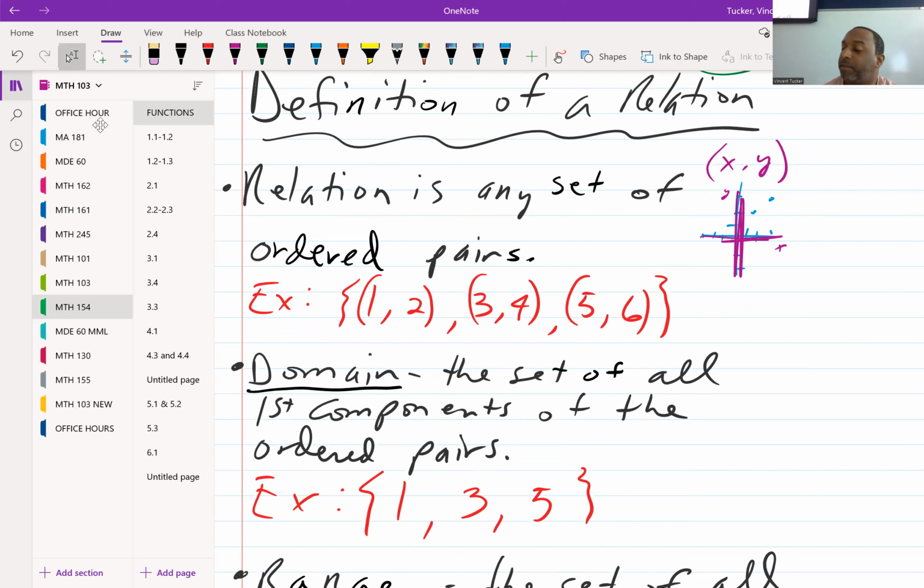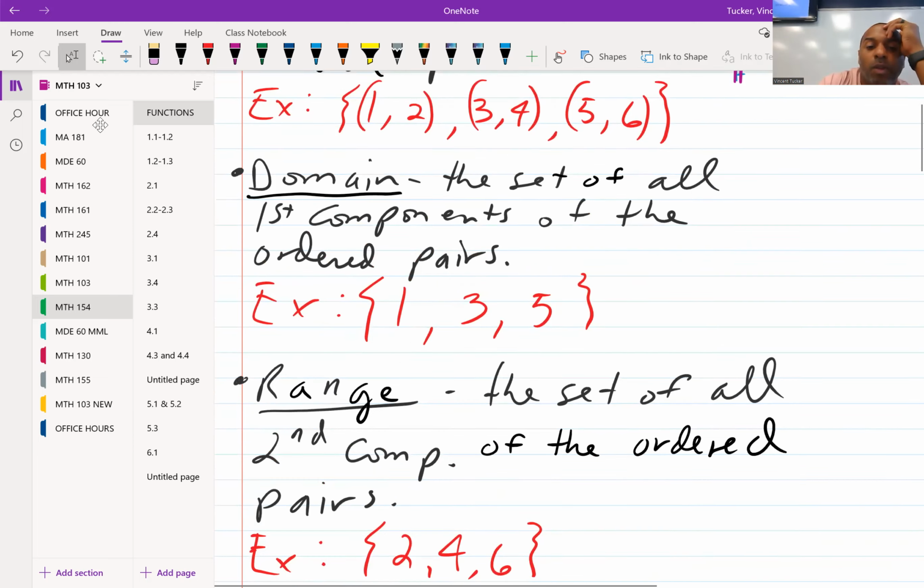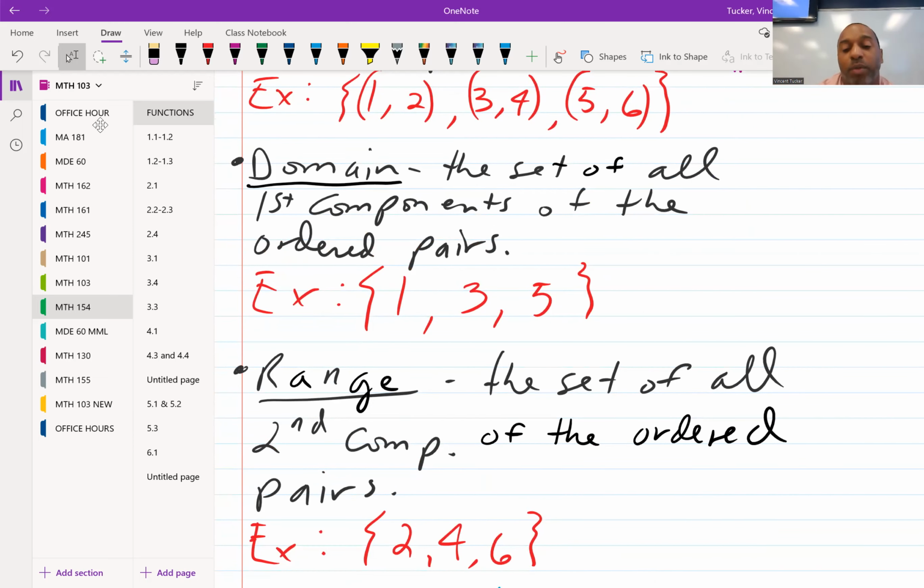So that's 1, 3, and 5. And your range is the set of all of the second components of your ordered pairs. So that's 2, 4, and 6.